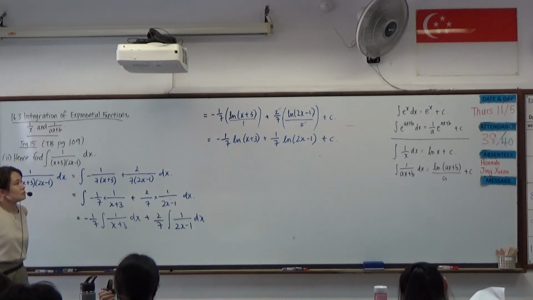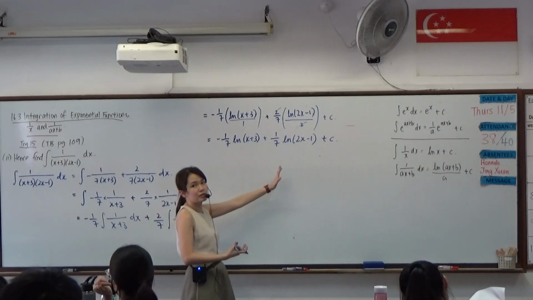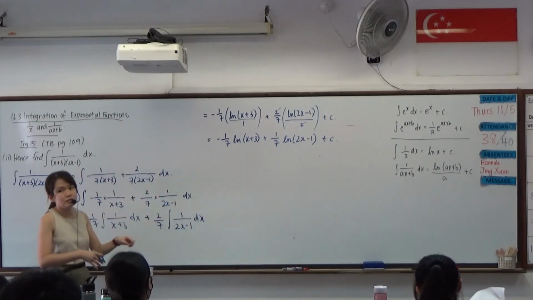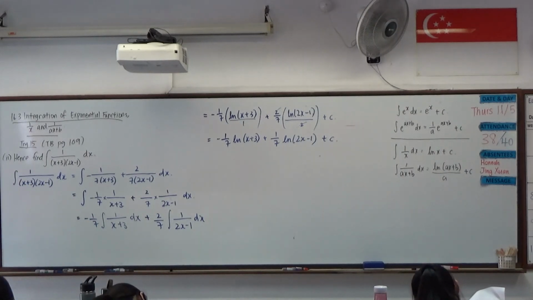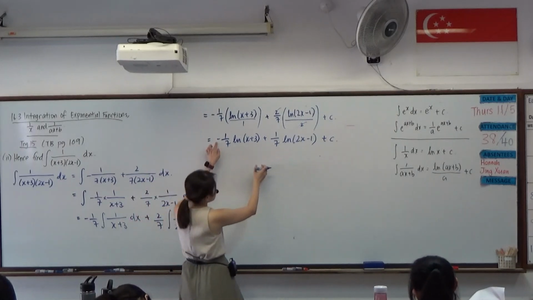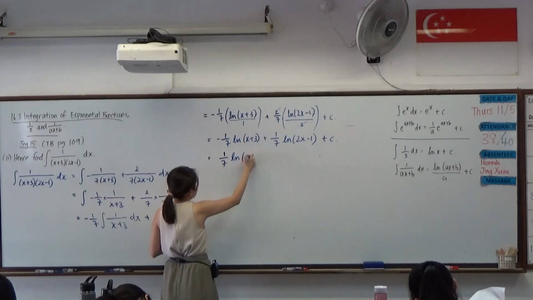If the question did not demand for more, you can leave your answer in this final answer here. I just want to push us a little because sometimes the question may demand for more in terms of a certain logarithmic form. So you can see this one is minus, right? Let me just swap this around first. I put the positive one in front.